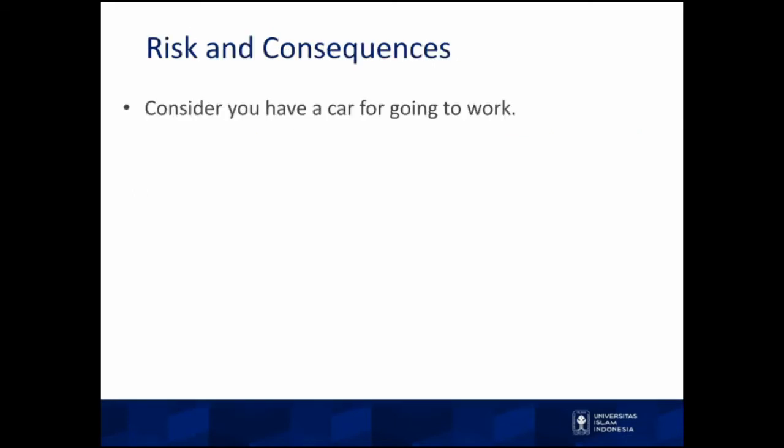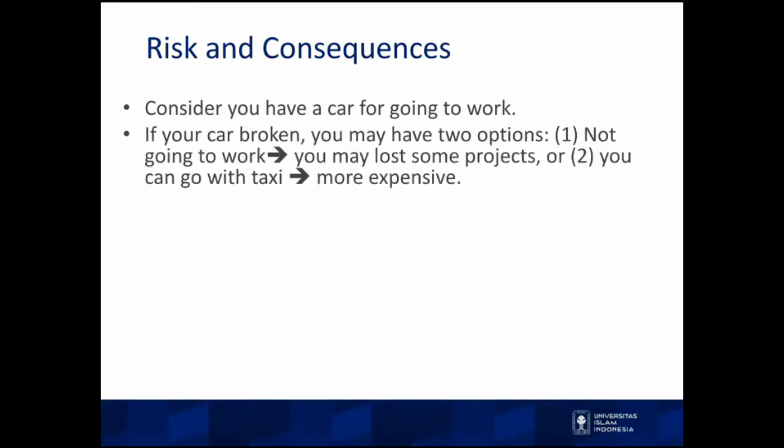Okay, I give you another example of risks and consequences. Consider we have a car for going to work. If the car breaks down, we have two options: we can be absent from work and may lose some projects, or we go by taxi, which is more expensive compared to using our own car.